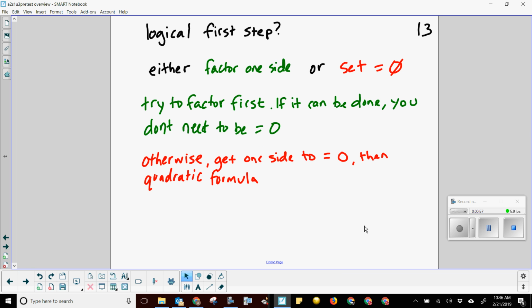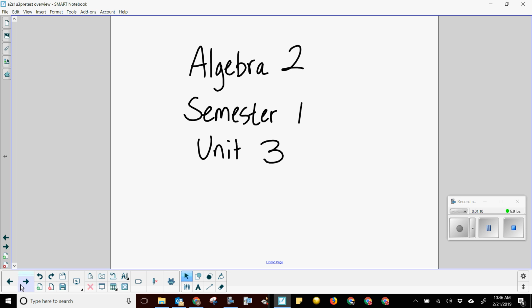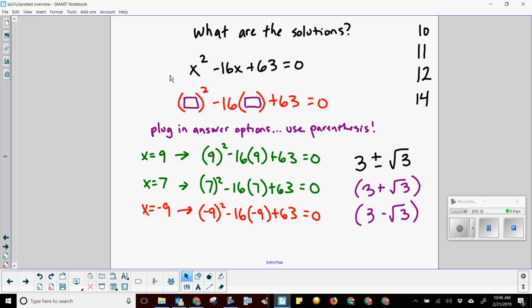There's a question. This is concept 13, the one that kind of got skipped. It kind of wants to know what you do first. What's the logical thing to do first? Well, really you look and see if you can factor one side of like this right here. If I can factor this side, then that's the logical first step. The other logical first step is to get this equal to 0, so subtract.